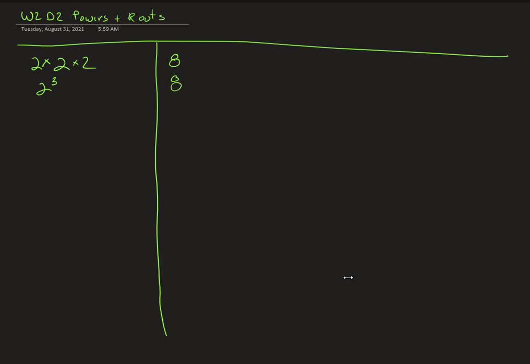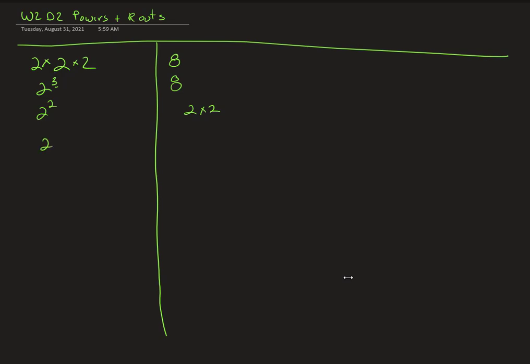So basically what's going on here is that we are talking about powers. 2 to the third power is exactly the same as 2 times 2 times 2. 2 to the second power, which we sometimes call squared, and 2 to the third power we call cubed. 2 to the second power would simply be 2 times 2.